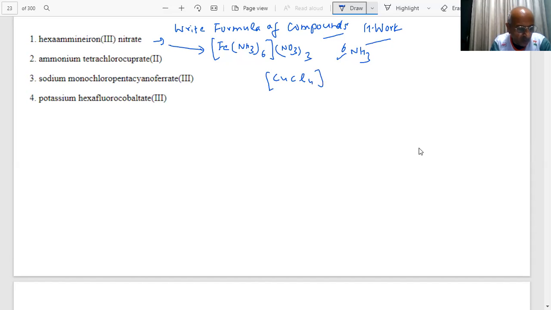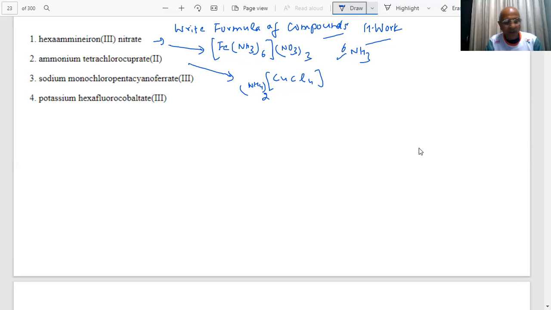So tetrachlorocuprate, but you have to satisfy the copper 2. Because ammonium is present there, how many ammoniums should be there, student? NH4 twice. Because cation comes first, anion comes later. This is a cation, this is an anion. This will be negative, this will be positive. See, this is the way we write the formulas.